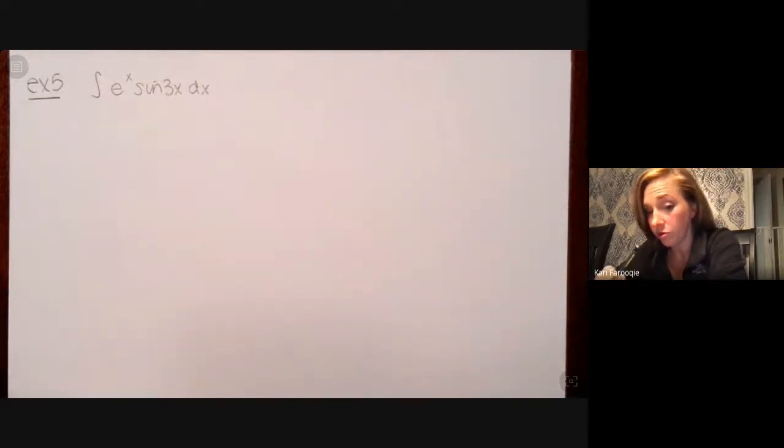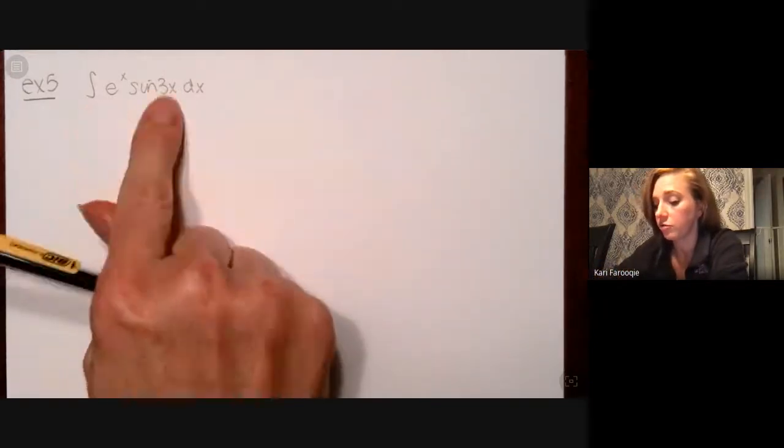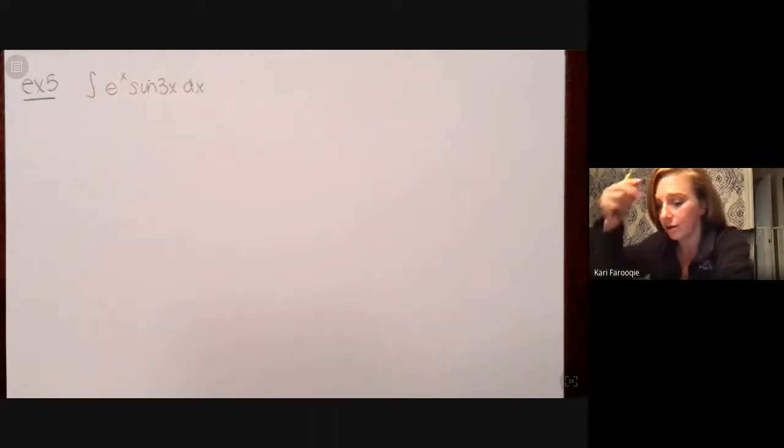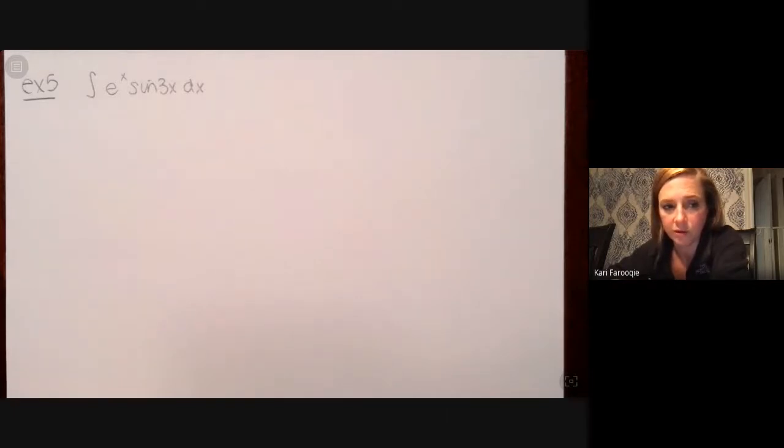But we're going to have to use a special technique here because neither one is a good choice, really, because the derivative is not going to be any simpler than the original at all. And then when you take dv, you do know how to integrate in both cases.